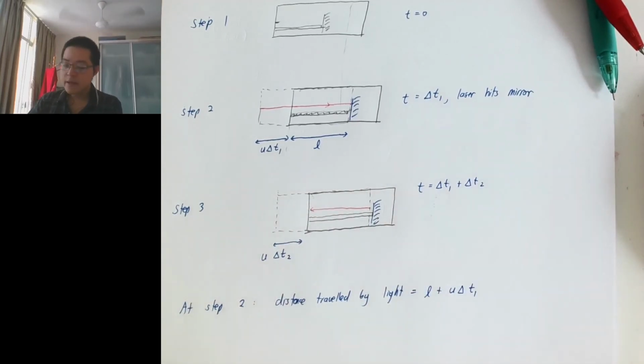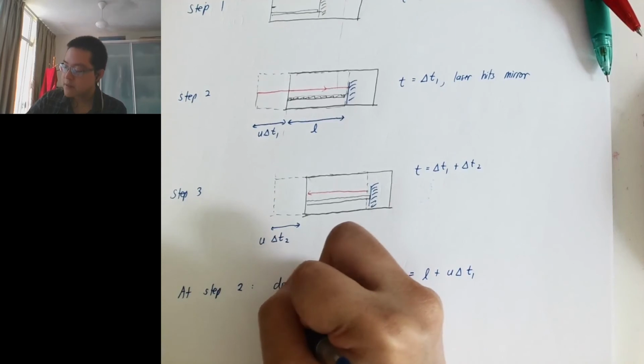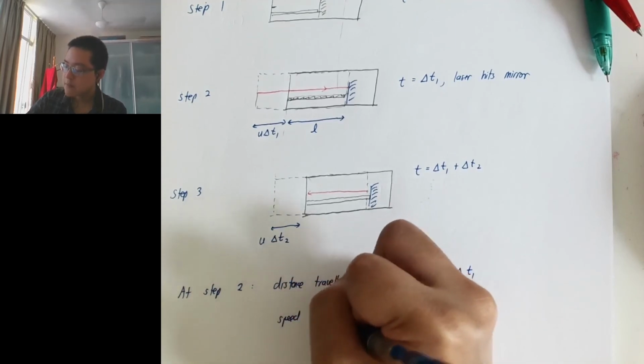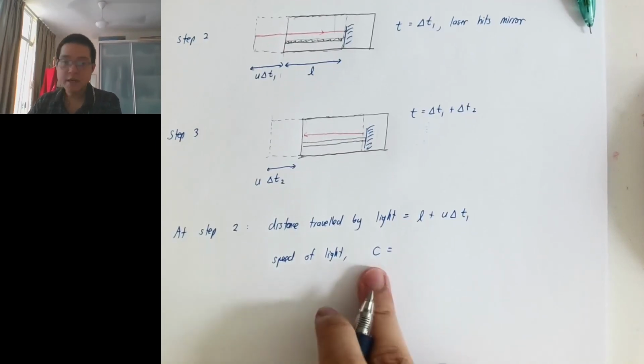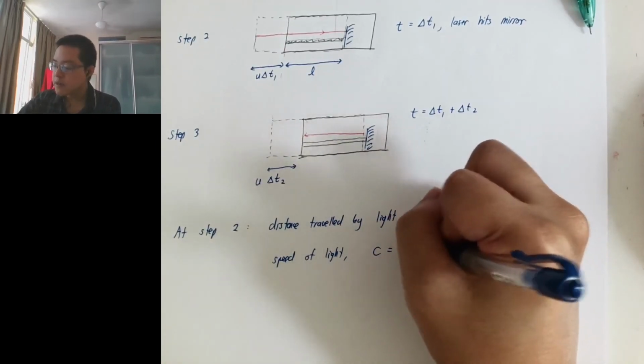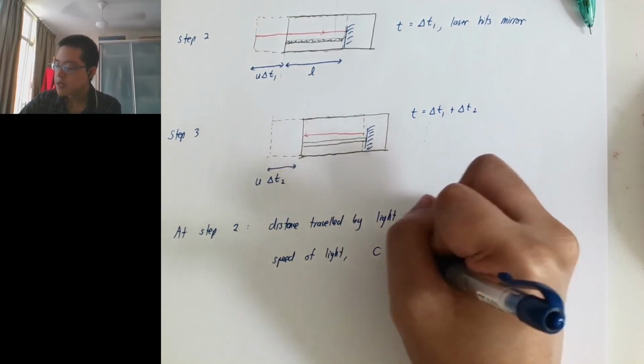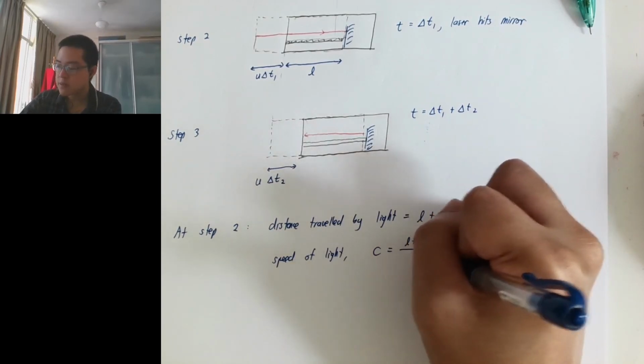Therefore the speed of light is supposed to be c no matter what frame you are using, but the speed of light is just the distance traveled divided by the time taken during this process, delta t1.